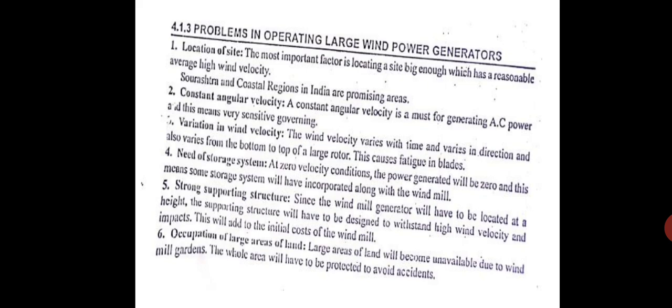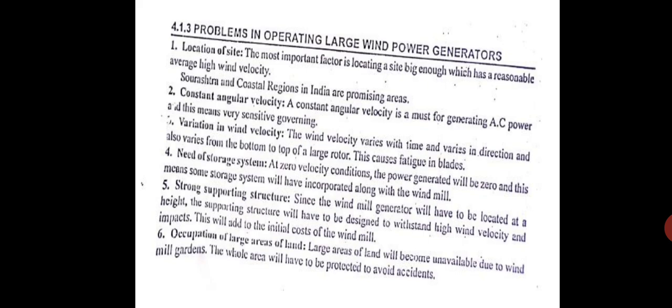Strong supporting structure. Since the windmill generator has to be located at a height, the supporting structure has to be designed to withstand high wind velocity and impacts. This will add to the initial cost of the windmills. The tower we have seen is not a single piece, because it has to be very strong. It is made in multiple pieces and they are bolted at site.